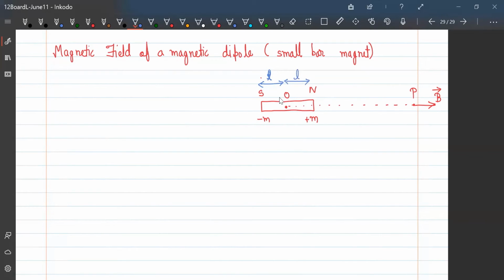This is very analogous to the electric dipole. I'm not going to go into much detail here. You already know the values of the magnetic field. It's called the end-on position or equatorial position.